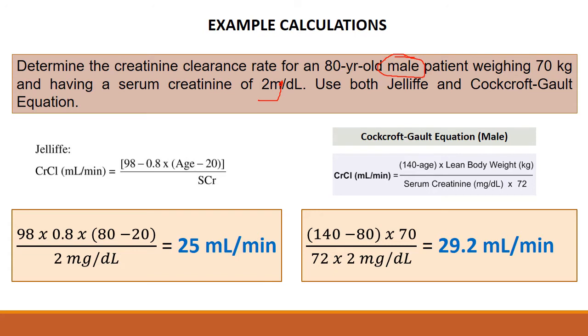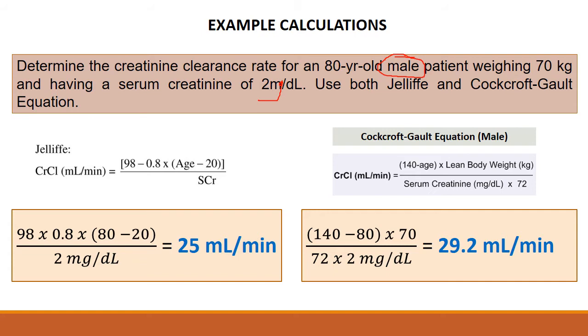First, you have Jellyfish. So this is a male patient. Remember to identify the patient if he or she is a male or a female. Since we are looking at a male, we are going to use 98 minus 0.8 times age minus 20 divided by serum creatinine.